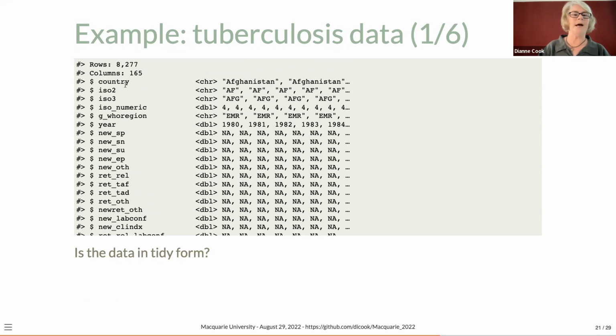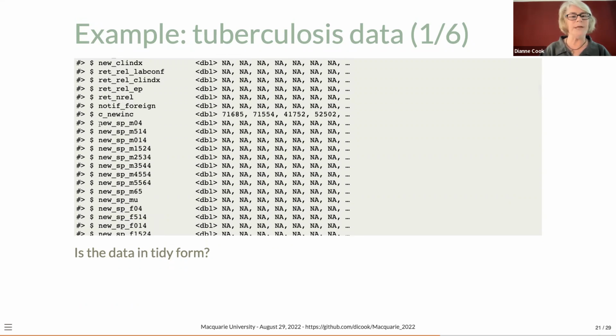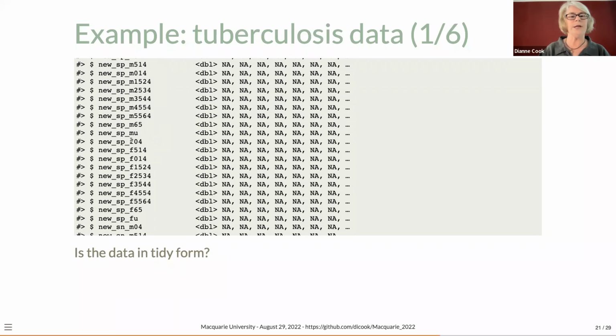But some of them are easy, like country and ISO 2 and ISO 3 are pretty straightforward. If we scroll down, these are the variables that I'm really interested in. New SP M04, new SP M514. Let's look at the end, M014, M1524. Scroll down a bit further, F04, F514, F014, F1524. Does that code look familiar to anybody?